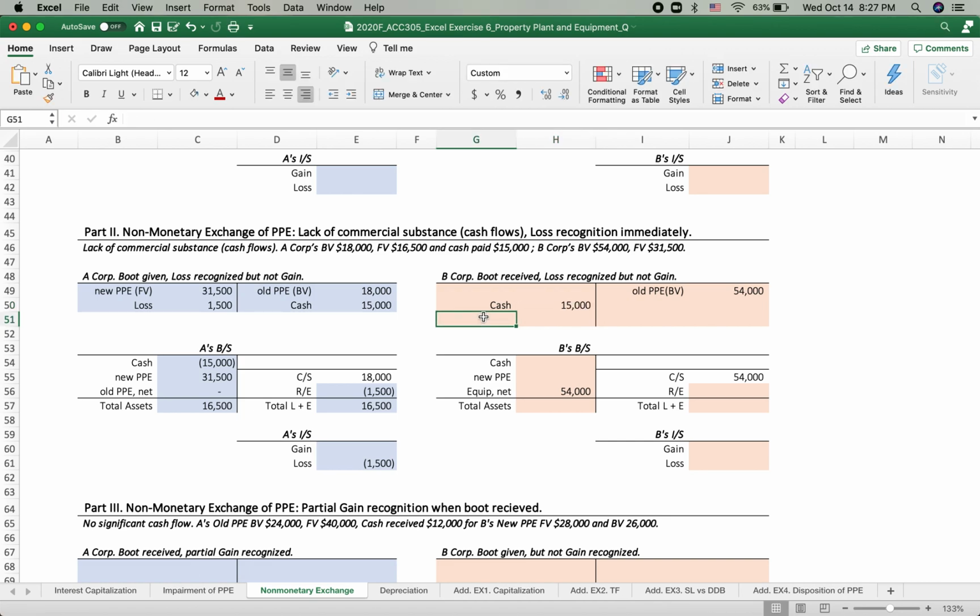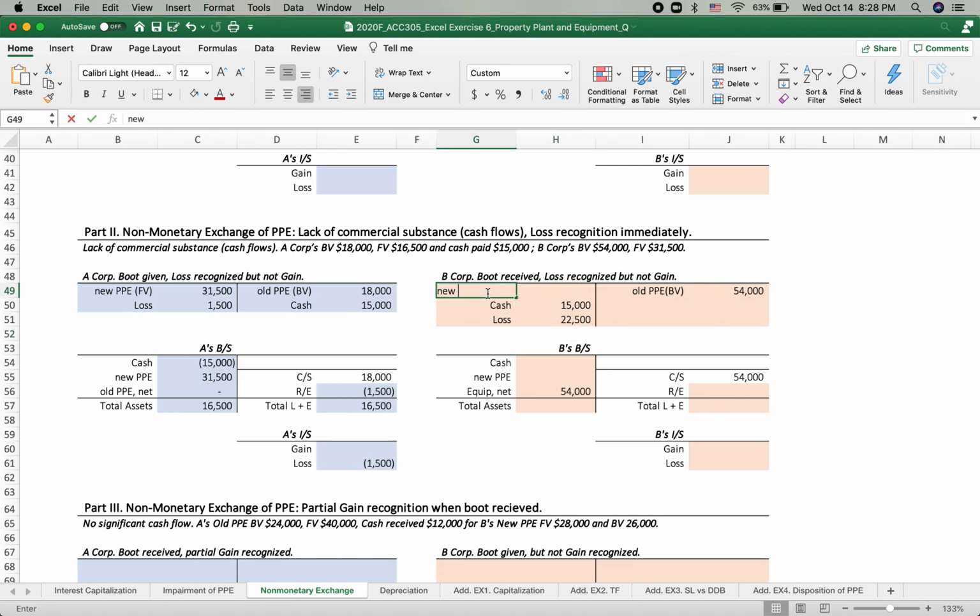And then loss amount can be calculated very easily. What is the loss amount? The difference between the fair value and the book value, right? The B company is the equipment or the PP&E foregone. Here, now the loss, how do you calculate? 54,000, because the book value is greater than fair value, 31,500. So the loss amount is now 22,500.